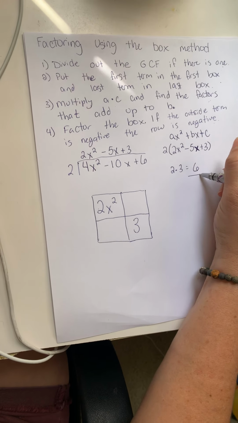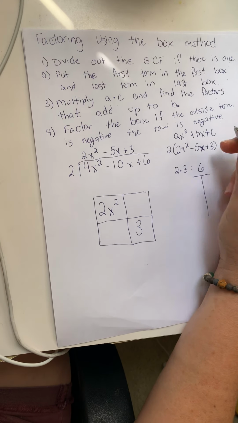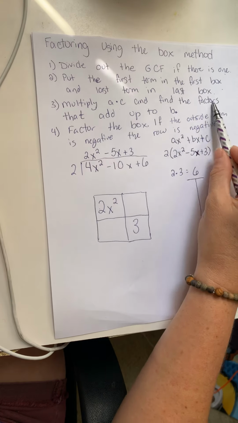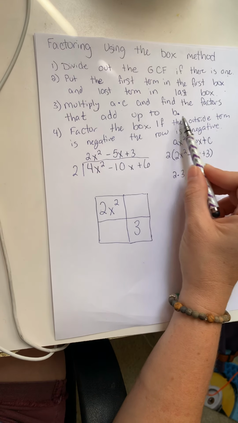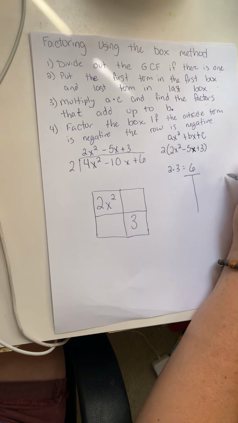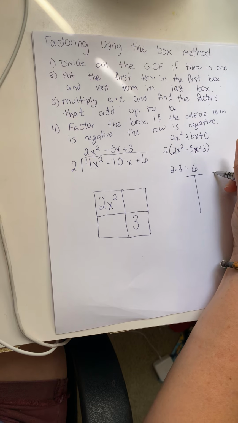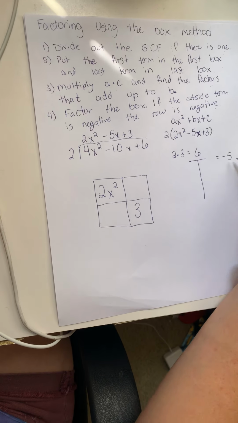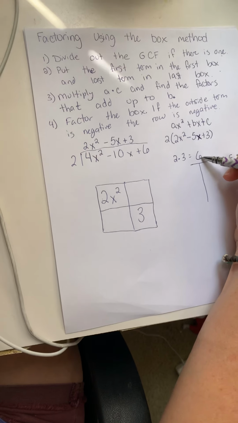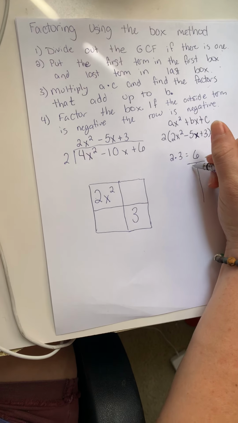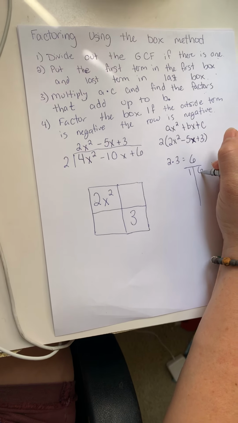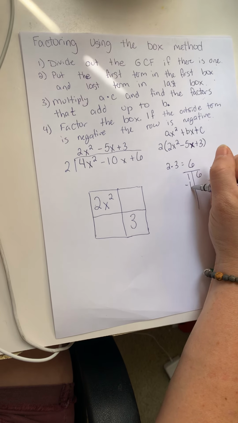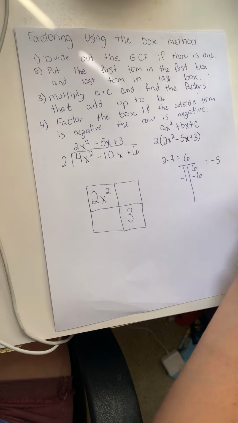Now I want to find the factors of 6 that add up to B. And my B value is negative 5. I want them to add up to negative 5. So the factors of 6 are 1 times 6, which could also be negative 1 times negative 6.